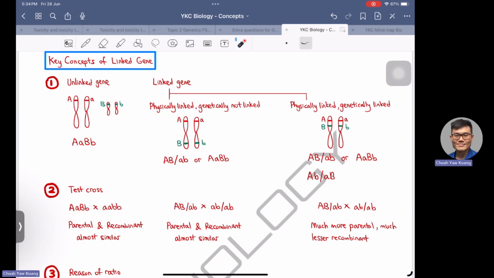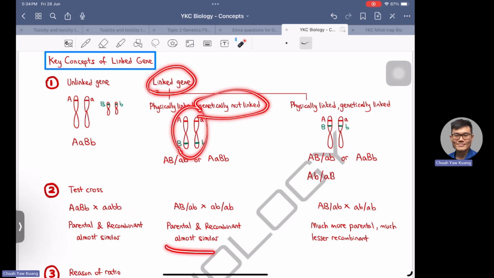If it is a linked gene but genetically not linked, that means they are far apart. When you do the test cross, you will find that the number of parental and recombinant offspring is also almost similar.